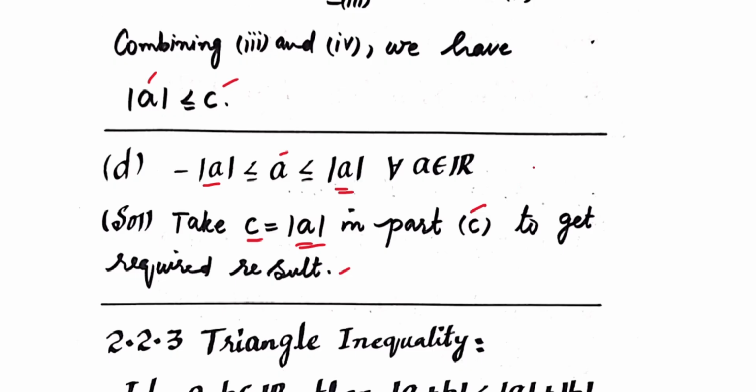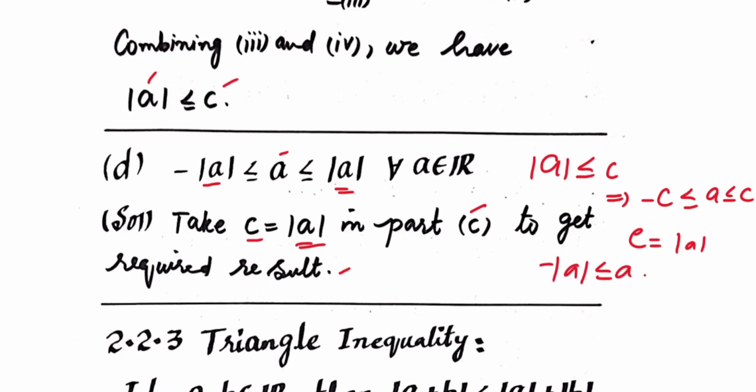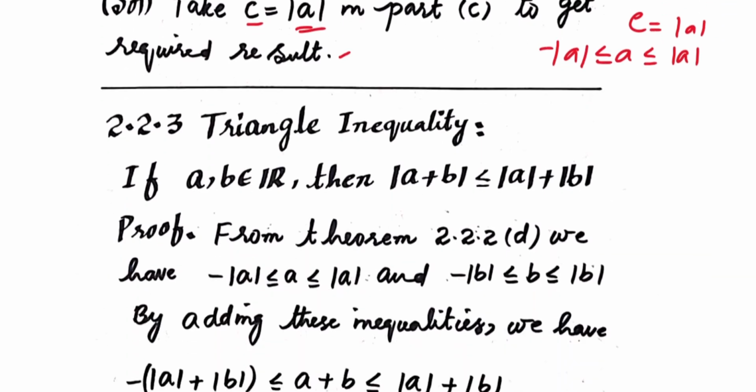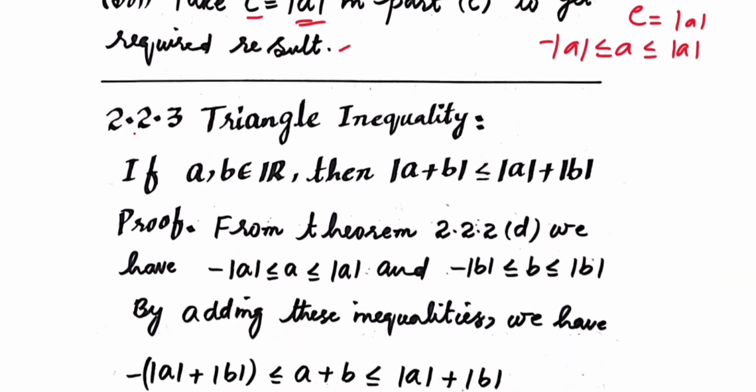In part C, we have shown that absolute A less than or equal to C implies minus C less than or equal to A and A less than or equal to plus C. If you just take C equal to absolute A, we have minus absolute A less than or equal to A less than or equal to absolute A, which is the required form. So this completes the first theorem. Next we prove triangle inequality 2.2.3.